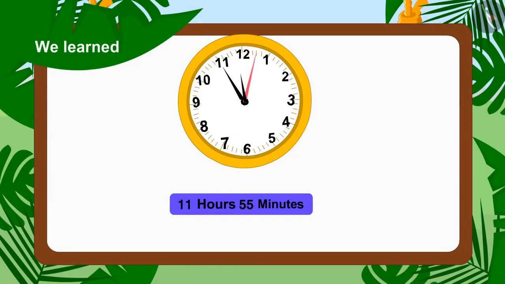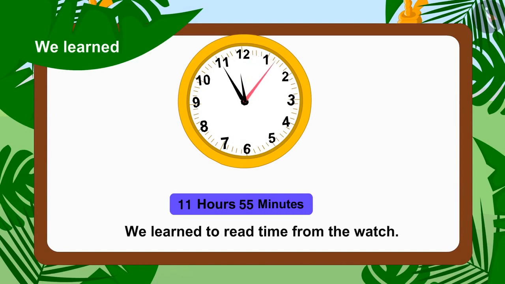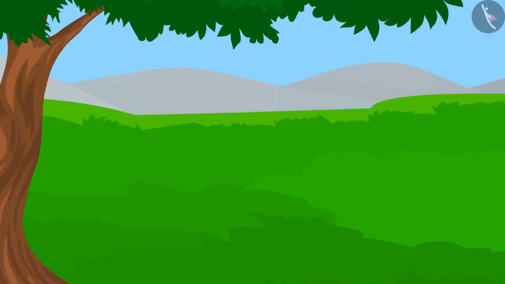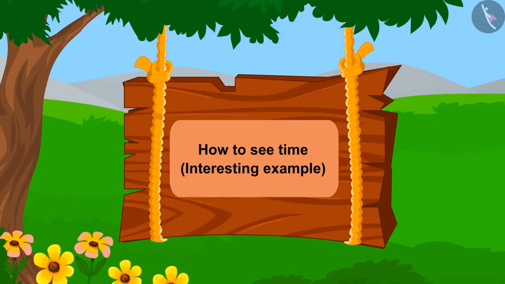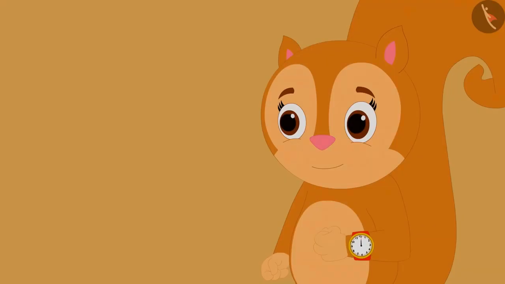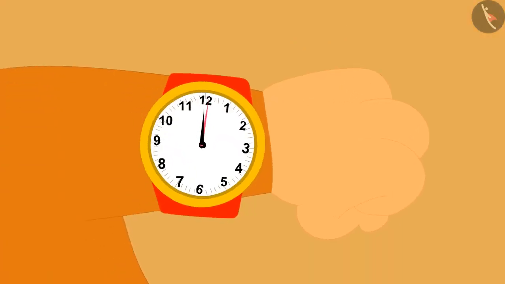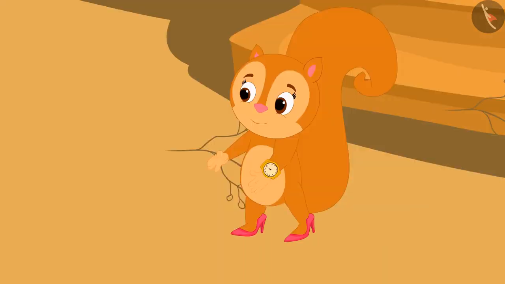Hello children, in the previous video, we learned to read time from the watch. In this video, we will learn more about it by some interesting examples. Finally, it's 12 o'clock and Chanda puts on her shoes.